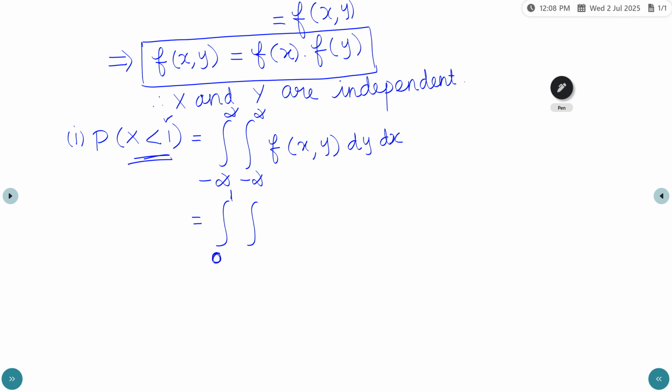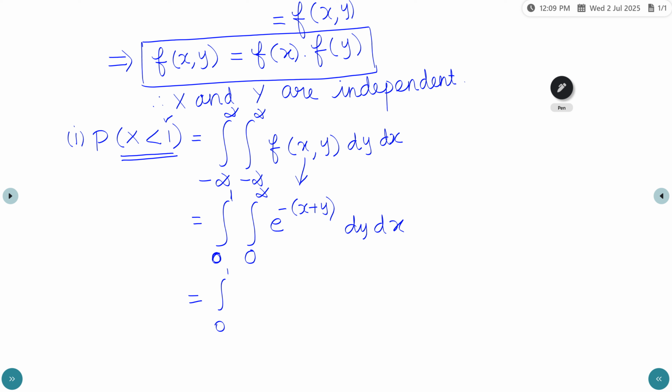Similarly for the y integral, in the problem they gave that Y has lower value 0 and then upper value infinity. In the question there are no y conditions, so the interval is 0 to infinity. f of x comma y, in the problem given, is e power minus (x plus y) dy dx.